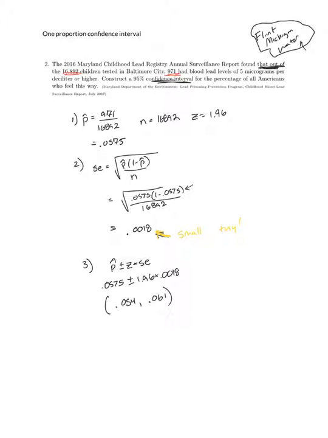Final step, or final thing I do with each confidence interval is to go ahead and state. So when I state this, we are 95% confident, and I know I'm 95% confident because I used a z-score of 1.96, and because the problem told me.